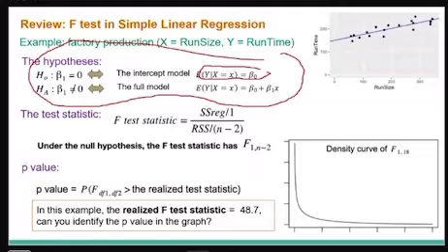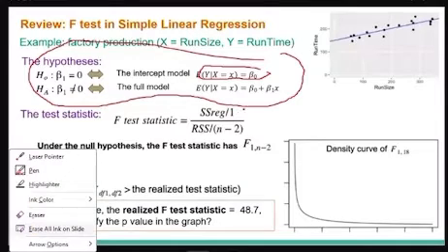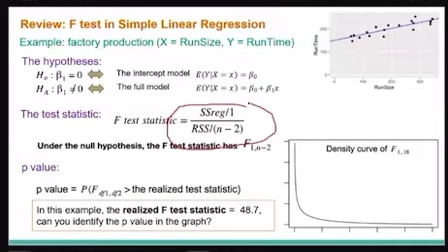And you remember the other time, the formula for the F statistic, when we did the decomposition of the response variable, where we decompose the total variation around the response into what we call explained and unexplained variation.